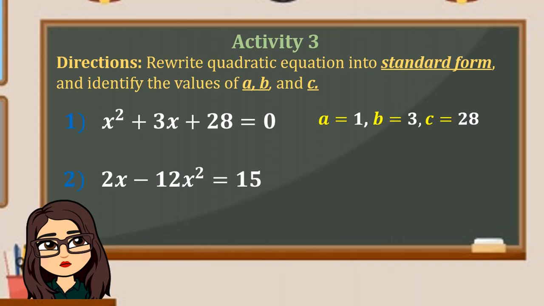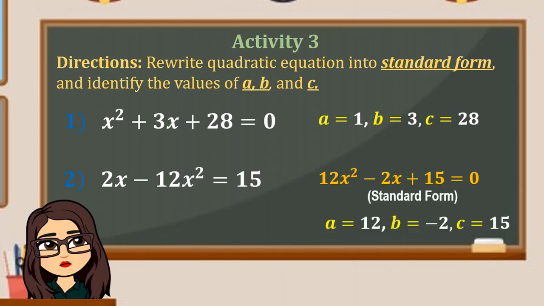So you need to rewrite it first sa standard form before identifying the values of A, B, and C. The standard form is 12x squared minus 2x plus 15 equals to 0. So now for the values, the value of A is 12, the value of B is negative 2, and C is 15. I hope na tama yung naging mga sagot ninyo sa activity number 3.